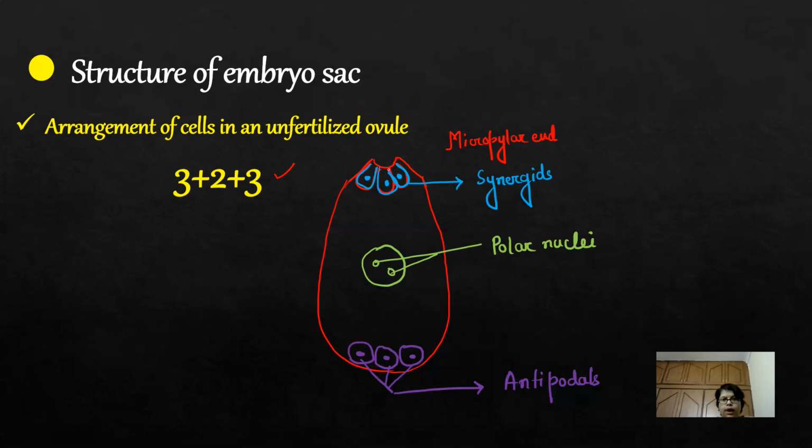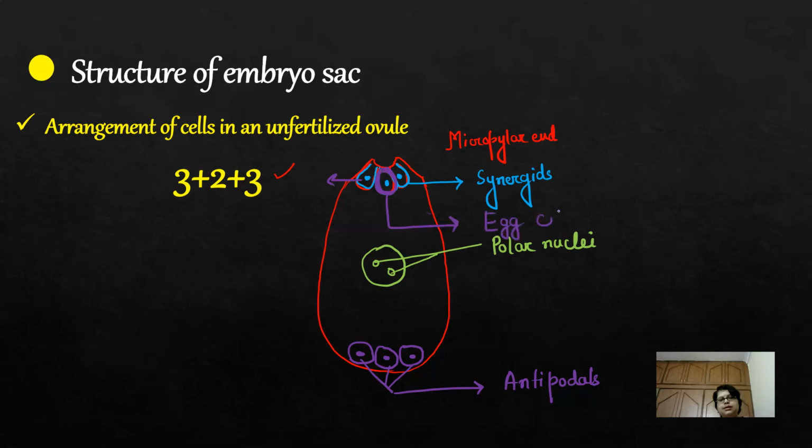Now, we have 2 synergids, this one and this one. What is this one then? This is the egg cell.